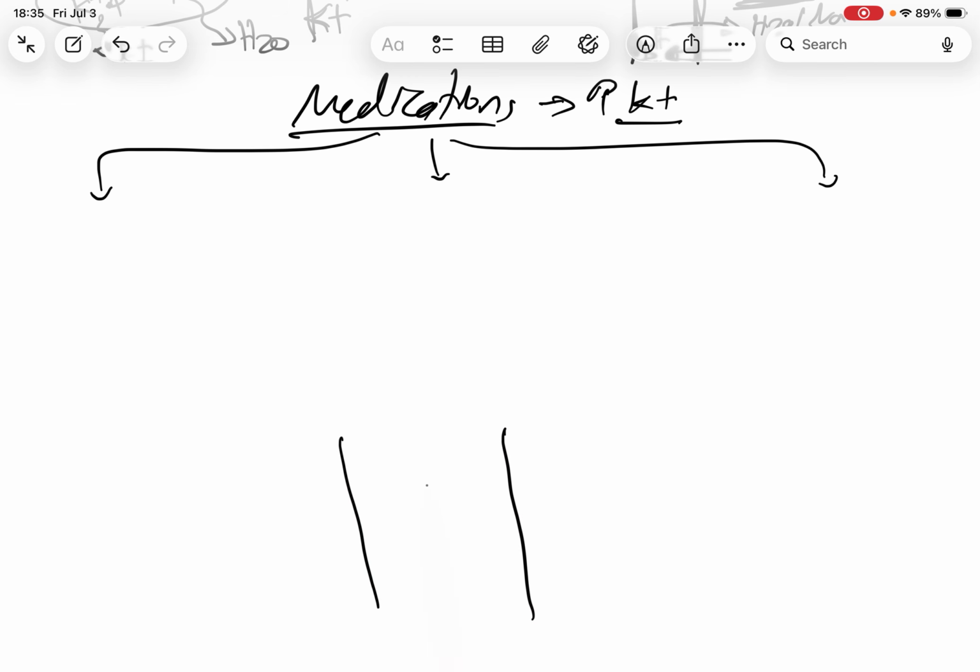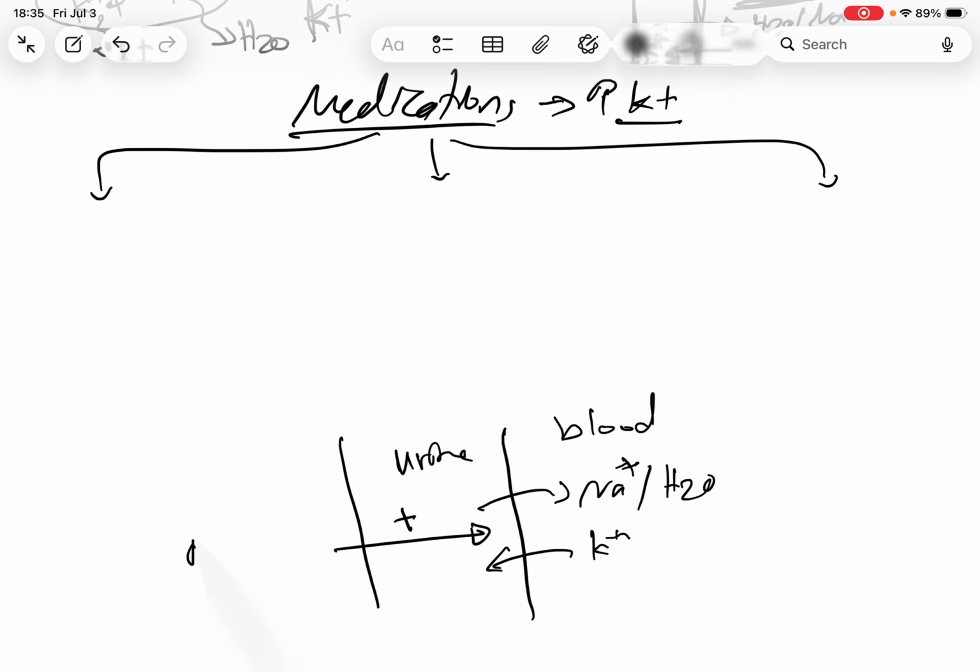We mentioned that if this is the urine and this is the blood in the collecting duct, sodium and water reabsorption and potassium excretion are managed by aldosterone and steroids.